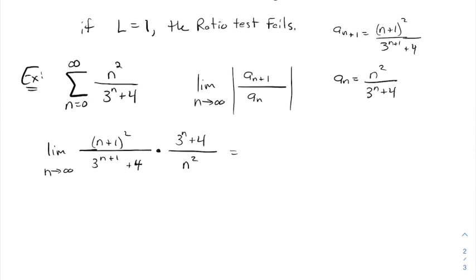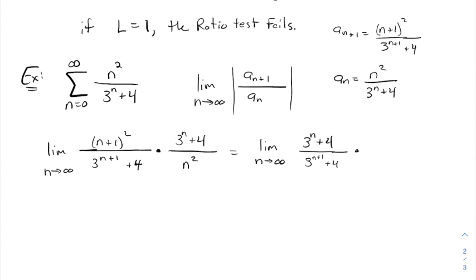And now I've got to do this limit. It looks daunting, but it's not really that bad because we can rearrange the stuff. I'm going to put the 3 to the n plus 4 here. And I'm going to put the 3 to the n plus 1 plus 4 underneath it.